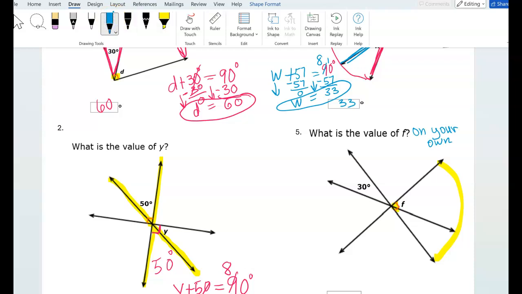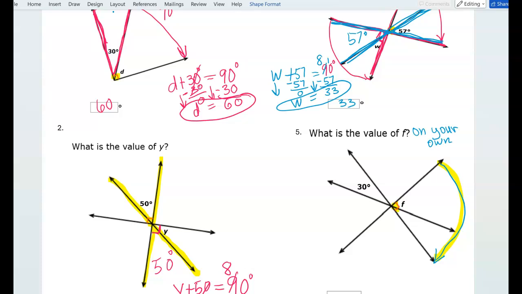This is 90 degrees. It's a right angle. We want to know what F is. Well, then this means that this is a 90-degree angle. And then this angle is going to be congruent with this angle. So that makes this angle 30 degrees.